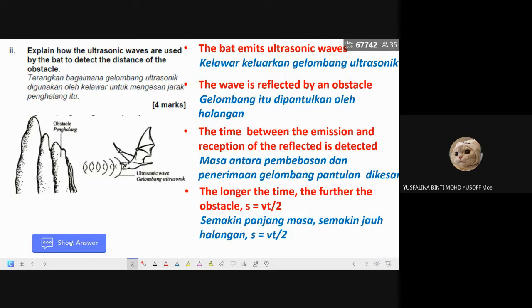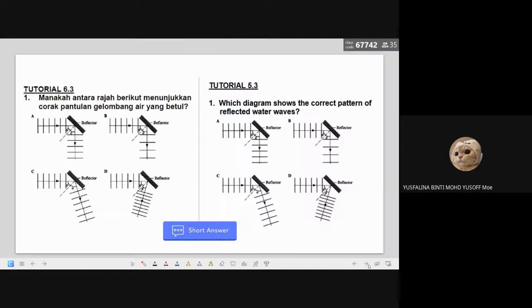All right, so I think we stop until here, right? Yes. Okay, so: explain how the ultrasonic wave is used by the bat to detect the distance of the obstacle. For this one, I think I already discussed it. Yes, this one is also already done, I think.